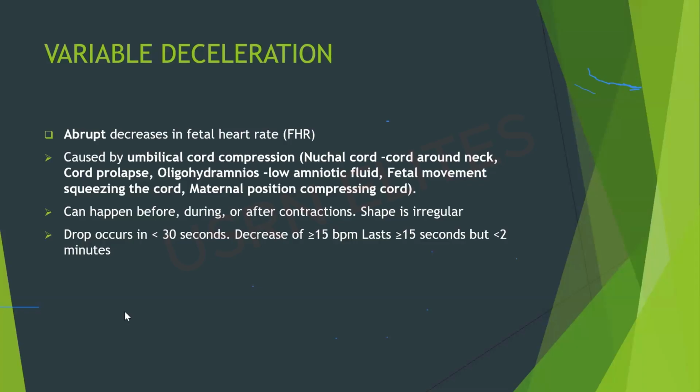You assess for what? What do you do first? You assess for cord compression. Yes, that's the word. If there's cord prolapse, you assess. If there's nuchal cord, you assess. So once you see variable decelerations, you do assessment.